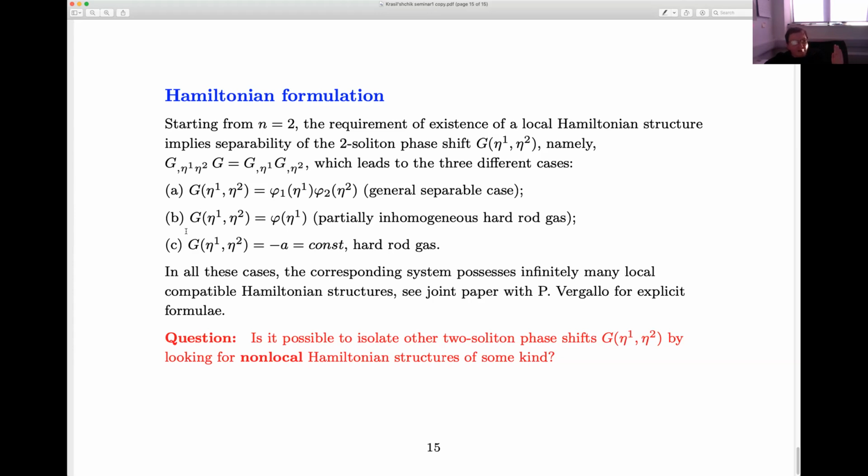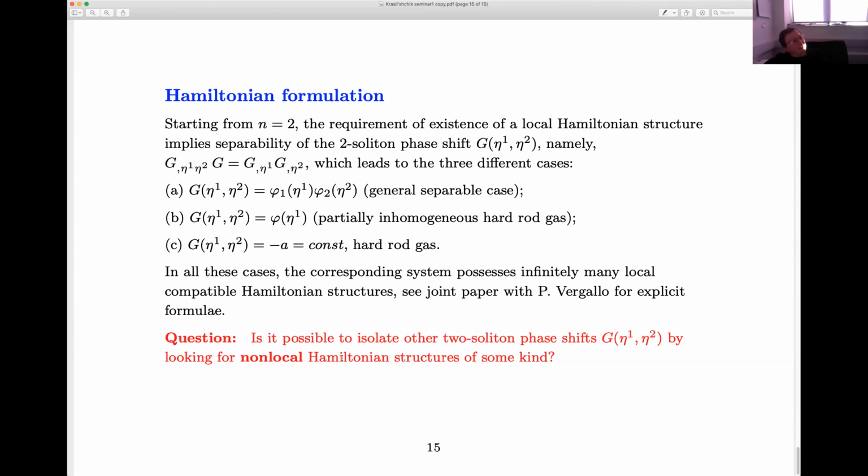So the main question is: is it possible to isolate non-trivial two-soliton phase shifts like the KdV phase shift, NLS, sine-Gordon phase shift, by looking for non-local Hamiltonian structures of some kind? This is work in progress, and there is nothing to report at the moment.